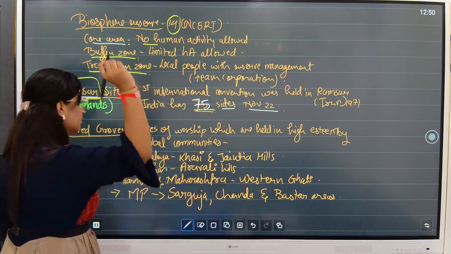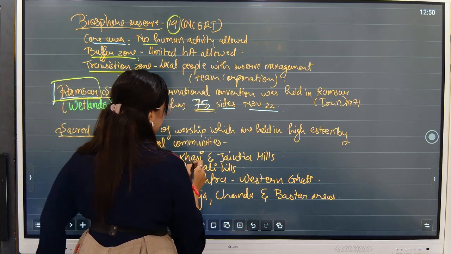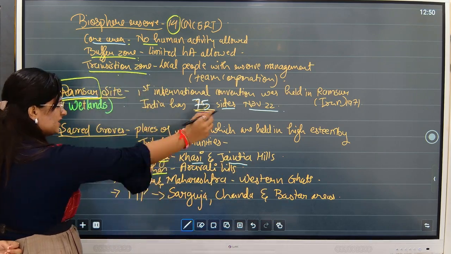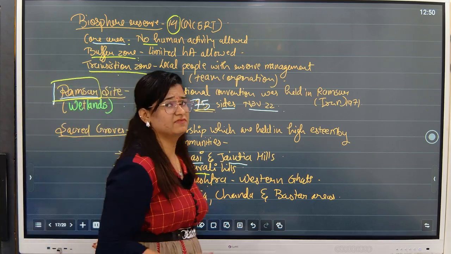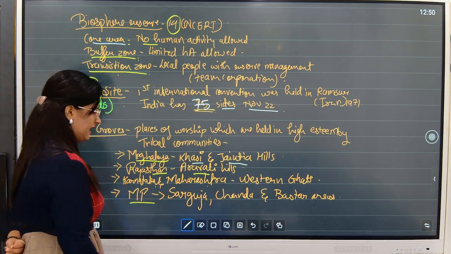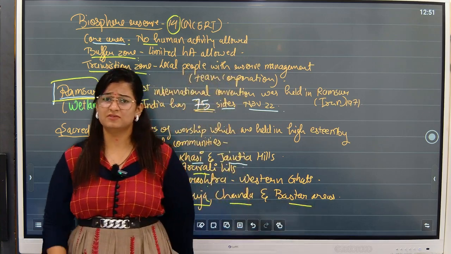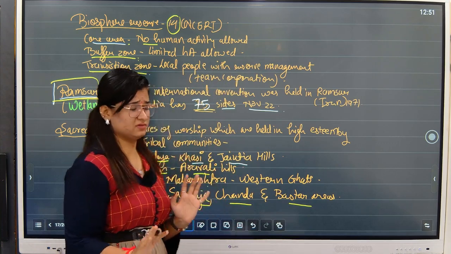Majorly you have to remember these four things: in Meghalaya, the Khasi and Jaintia hills; in Rajasthan, the Aravalli hills; in Karnataka and Maharashtra, the Western Ghats; and in Madhya Pradesh, the Sarguja, Chanda and Bastar area. These places are termed sacred groves.